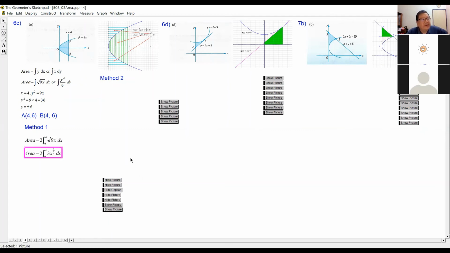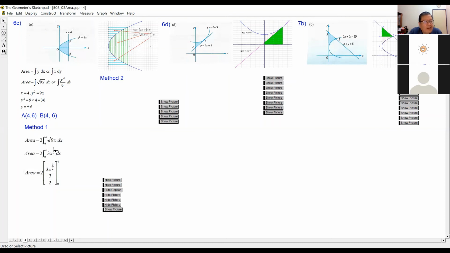How to integrate this, right? The 2, because they're top and bottom, so we put the 2 there. 0 to 4, that means it's from the origin until the vertical line x equals 4. Square root of 9 is 3. Square root of x is x to the power of half. The 3 and the 2 here are no need to integrate, right?